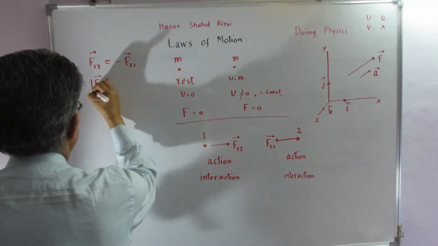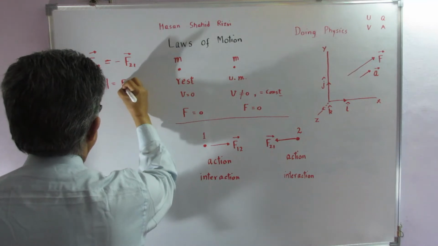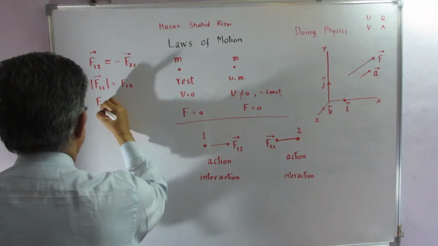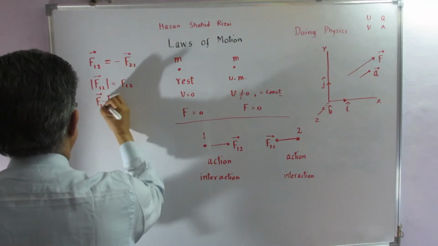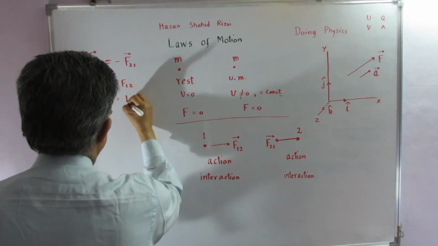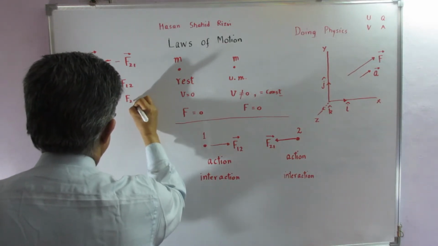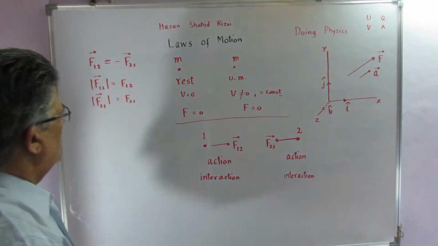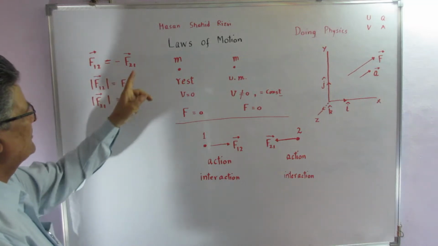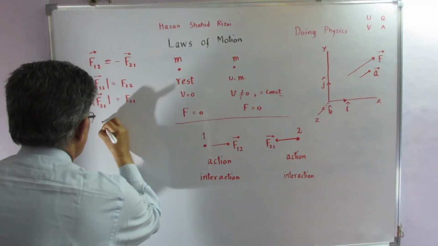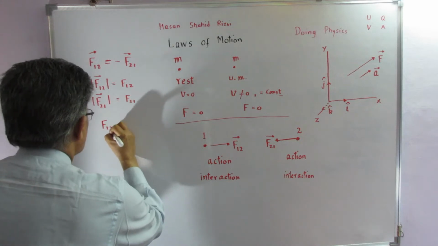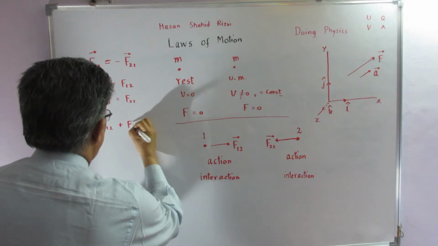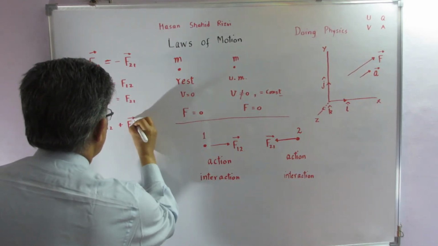I can write the magnitude of F12 as equal to the magnitude of F21. So magnitude wise the two forces are equal, and from this relation, by simple algebra, I can say vector F12 plus vector F21 is equal to 0.